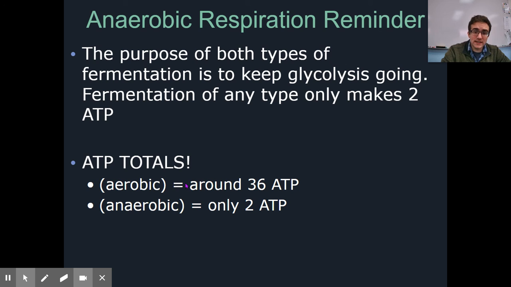So in terms of production, aerobic respiration is more efficient at turning one glucose molecule into many ATPs, but anaerobic respiration is a quicker process. So there's your difference. Aerobic respiration is more efficient, but it's slower. Anaerobic respiration is less efficient, but it's a faster process.